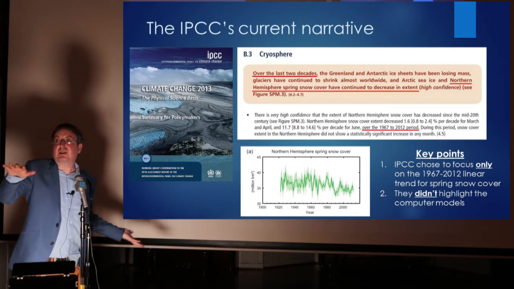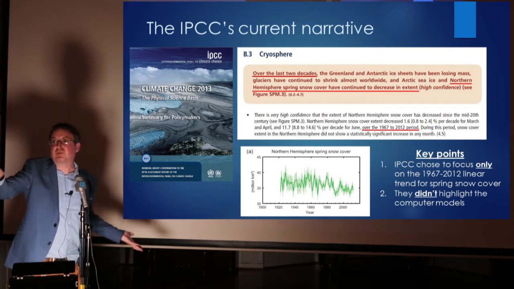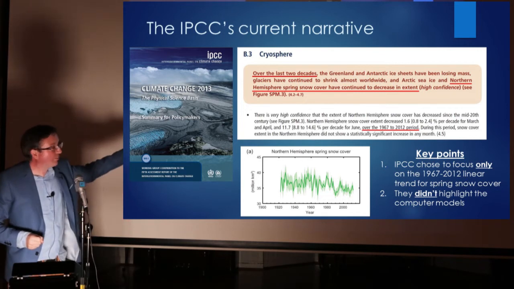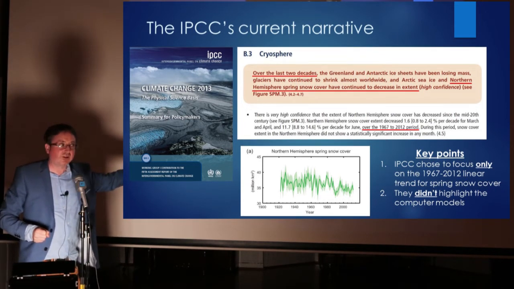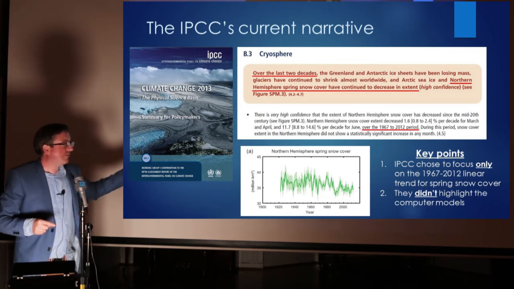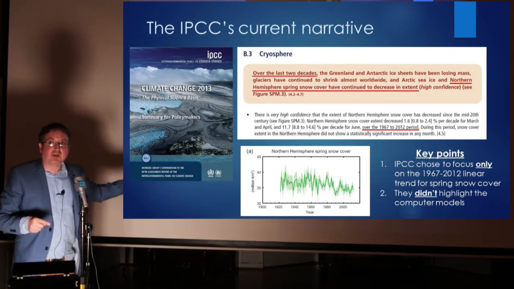We could talk about the difference between the full reports and the summary for policymakers, but this is what the summary for policymakers took out as the key result. Another point is they didn't actually mention the computer models in this particular case. Next slide.